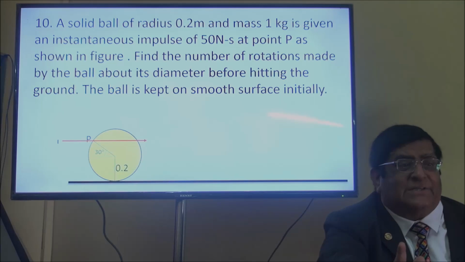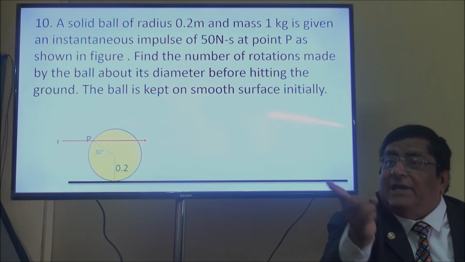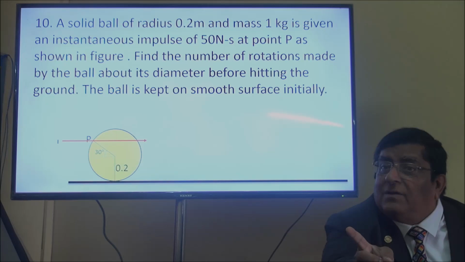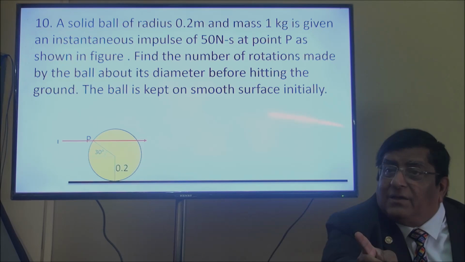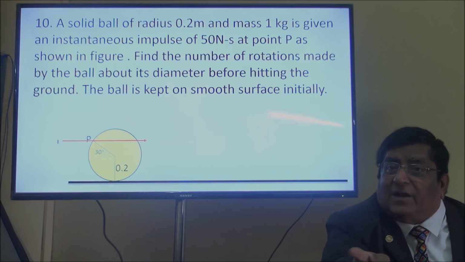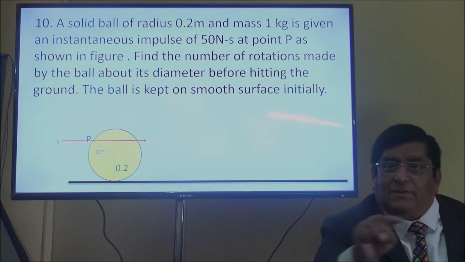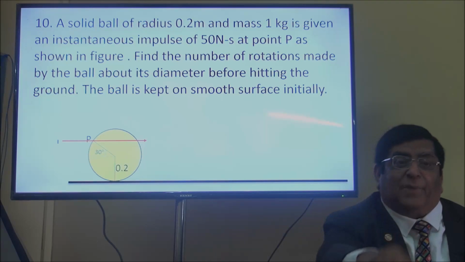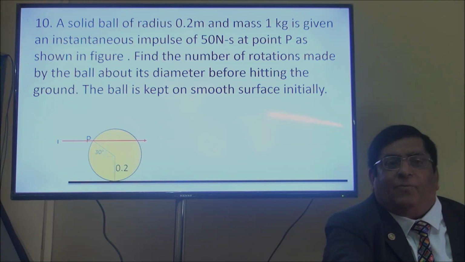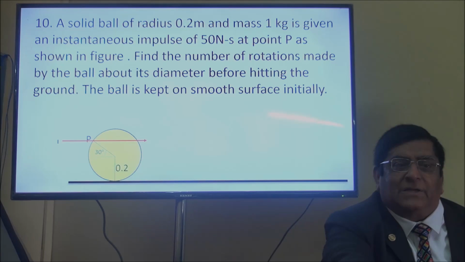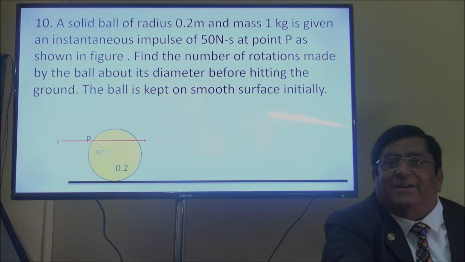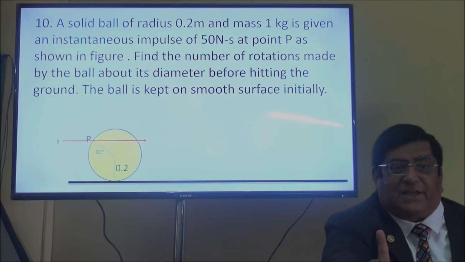You all know it. 2 pi? 2 pi r upon time. 2 pi r is what? Total circumference divided by time. What does it give us? Omega. Where is n? Number of rotations. But this approach is correct, I tell you.